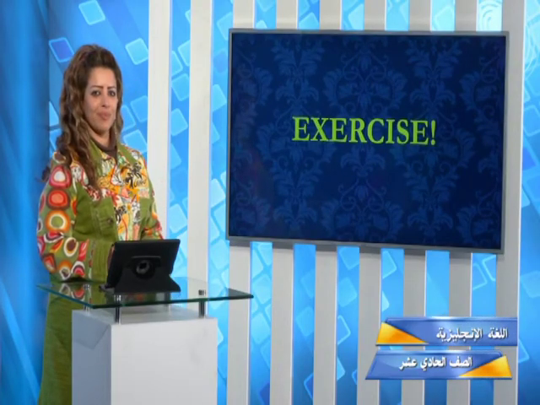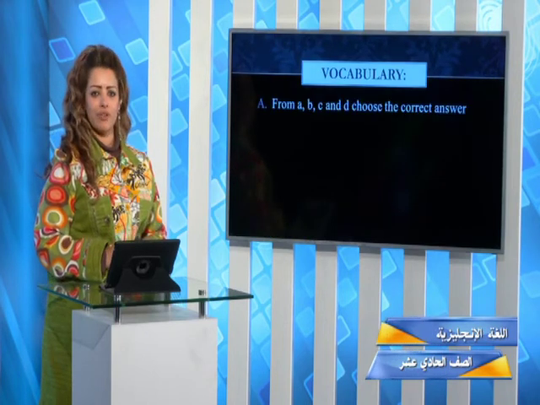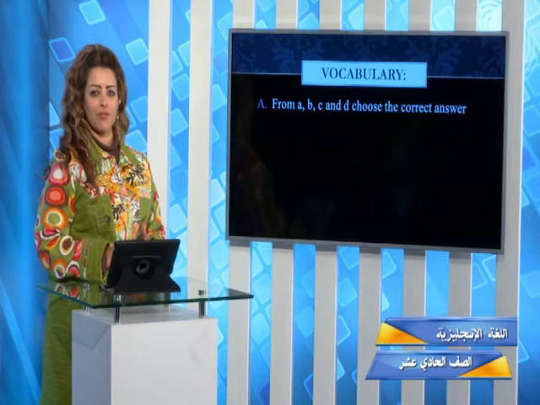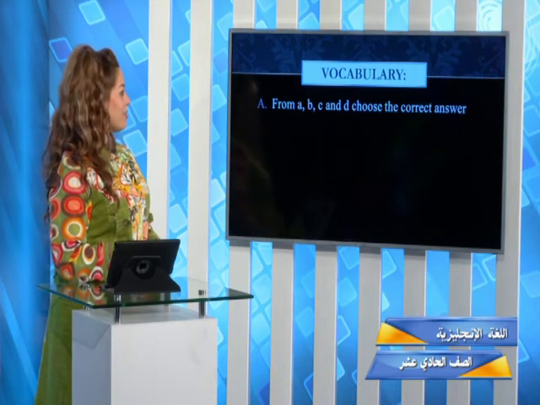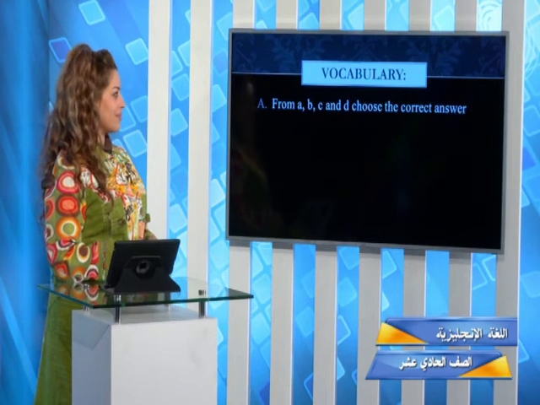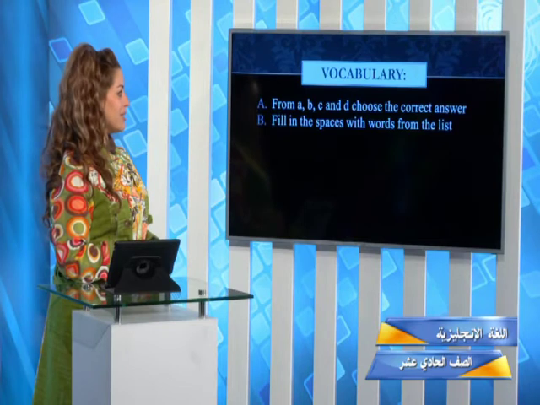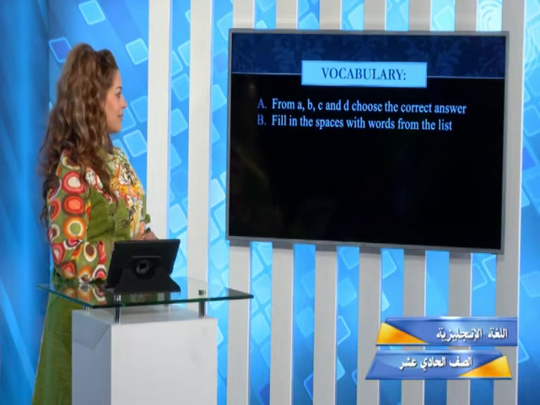Now, it's time to do some activities. In vocabulary, as you know, we have 4 different types of questions. The first one is, from A, B, C, and D, choose the correct answer. We have a second type, which is fill in the spaces with words from the list.